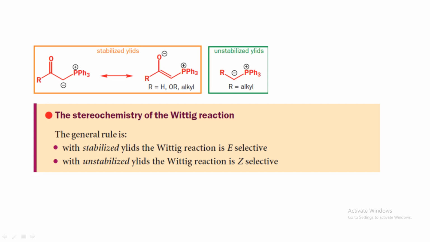So we all know, in the context of the Wittig reaction I am discussing, in our problem we can see we have a stabilized Wittig ylide. Actually there are two kinds of ylides possible. One is the stabilized and another would be unstabilized.